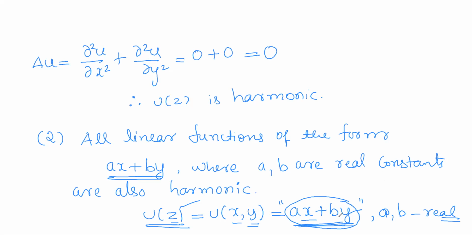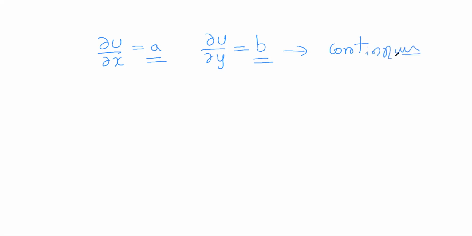Its differentiation will be 0. So differentiation of u with respect to x is a, and differentiation of u with respect to y partially gives you b, which are constants. So constant functions are continuous. That is, the first order partial derivatives of u are continuous.